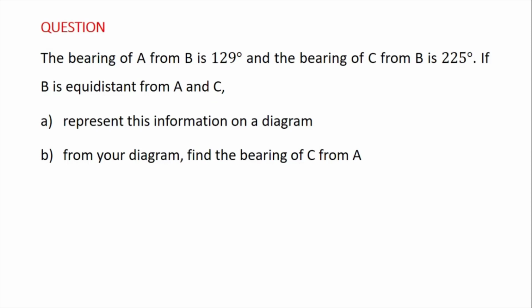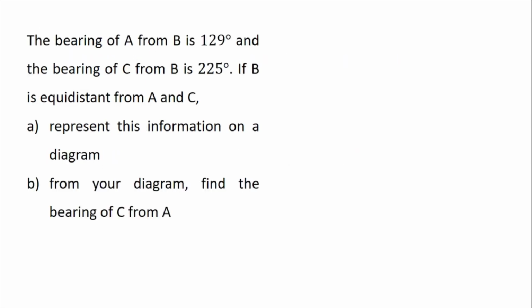The bearing of A from B is 129 degrees, and the bearing of C from B is 225 degrees. If B is equidistant from A and C, (a) represent this information on a diagram. (b) From your diagram, find the bearing of C from A. Okay, so let's tackle the first part of the question, which is to draw a diagram for the information that has been given to us.